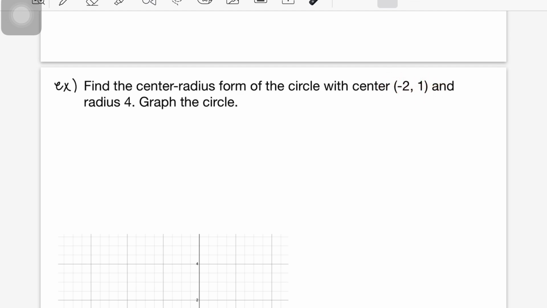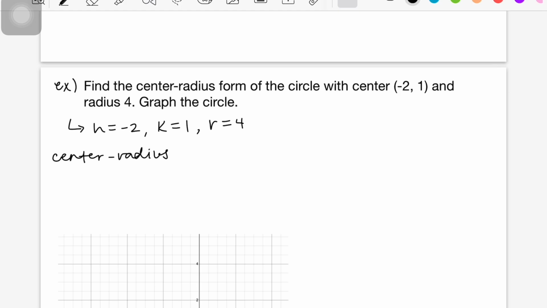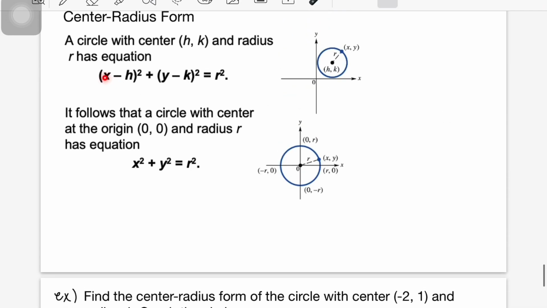So if this is our center here, this tells us that h is minus 2 and k is going to be 1. And we know that our radius, or r, is going to be 4. So then in center radius form, we're going to plug this into this guy here.